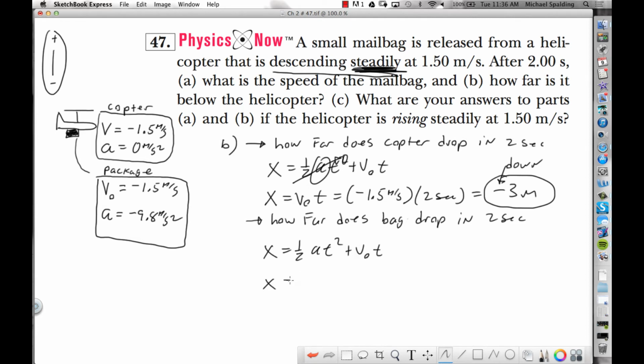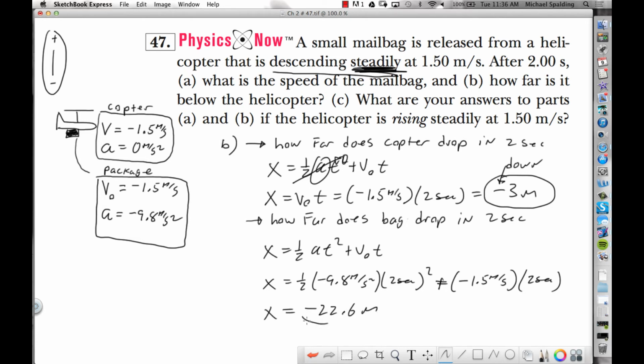So we're going to just plug into this. 1/2 times negative 9.8 meters per second squared times 2 seconds squared, plus initial velocity negative 1.5 for 2 seconds. All right, I just plugged in there. So that comes out as negative 22.6. And again, the negative just means that it went down.